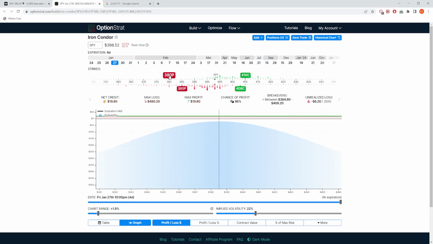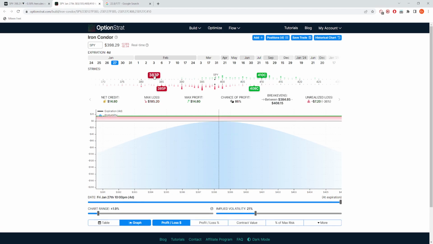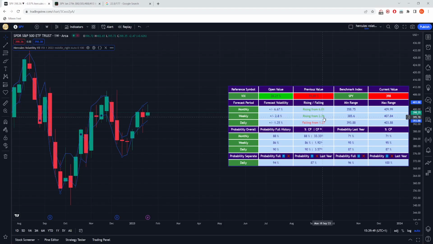We can go with something like this and 13. In this case, it would be an 86% probability, but we know from the last year it would be a 95%.